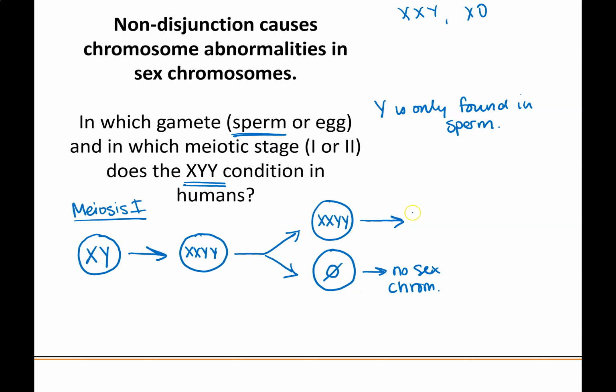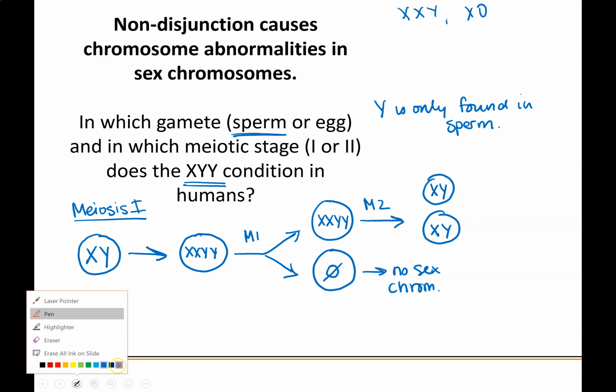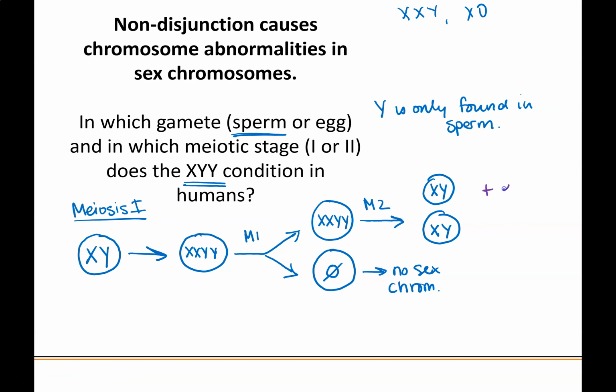So let's say now that we go through meiosis 2 and we separate our sister chromatids. Remember, sister chromatids are the identical copies. So if we separate our sister chromatids, now each one of our cells is going to get an X and a Y. So this individual grows up. Now, since this is a sperm, we need an egg. Eggs are always going to have an X chromosome.